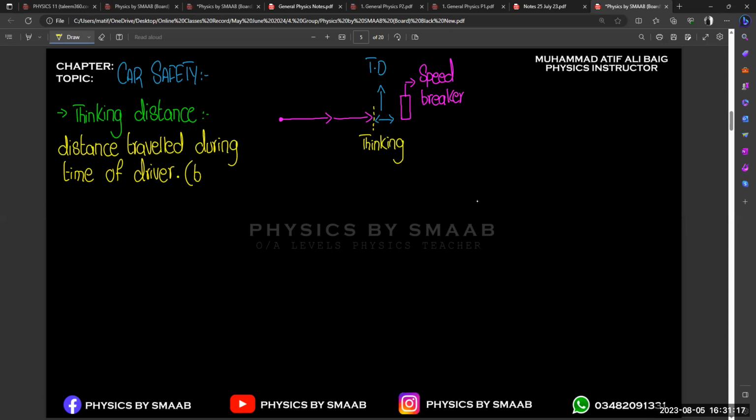It is just before we start to apply the brake. Before your foot touches the brake pedal, the whole distance we covered is known as the thinking distance, right? So, before the brakes are applied.